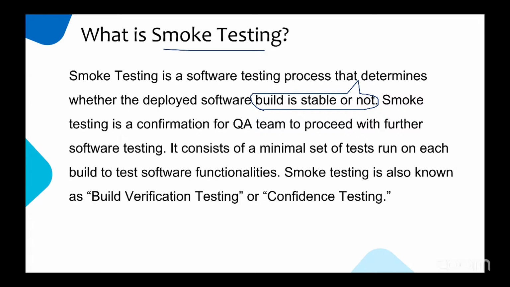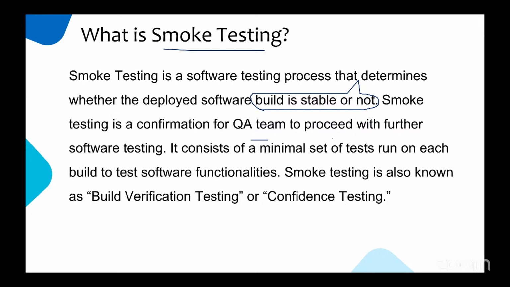Smoke testing is a confirmation for the QA team to proceed further with software testing. If there is a problem here, don't proceed, it's a waste of time. We tell the development team to go and put in another build, check that every integration is properly done, and give it to me again. Smoke testing takes about 1 minute.